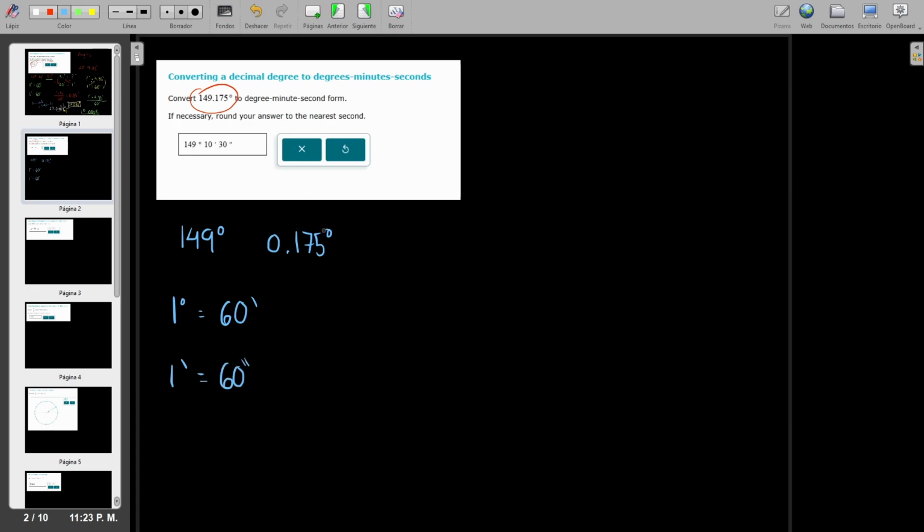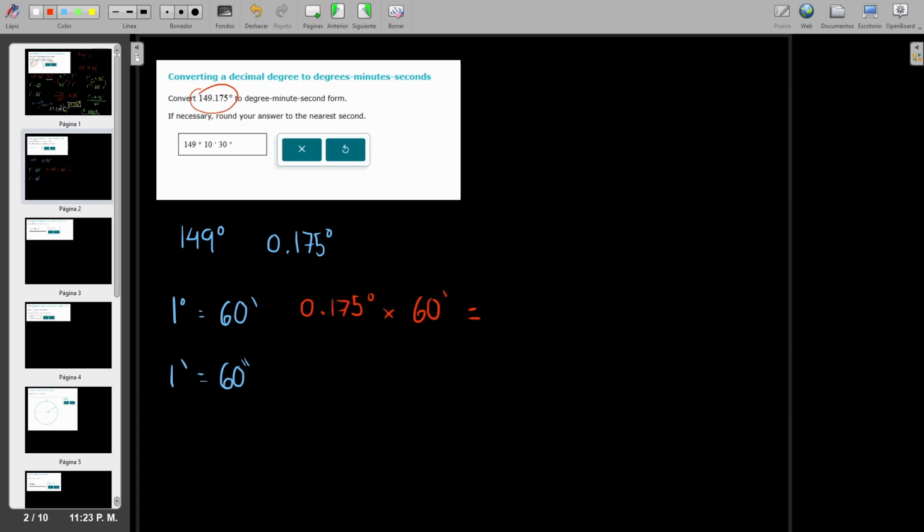So we need to transform all the values of this one from degrees to minutes. We multiply the part that we have in decimal values times the nearest unit that we need to convert. In this case it's minutes. So it is going to be 0.175 times 60 in order to have minutes.